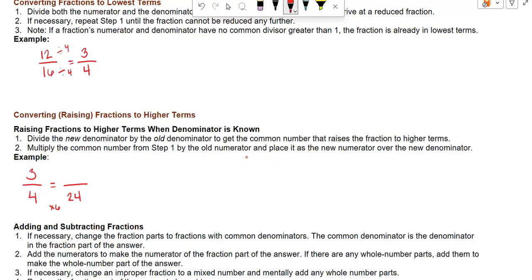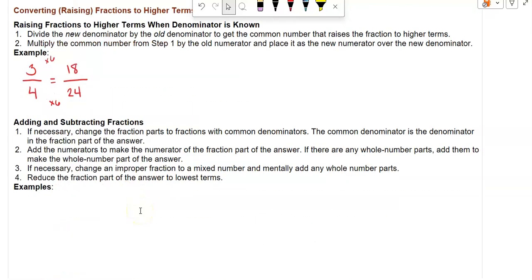And whatever we do to your denominator, we also need to do to our numerator. So if we multiply our denominator by 6, we also need to multiply our numerator by 6. So 3 times 6 gives us 18. Okay, and 3/4 is the same as 18 over 24.